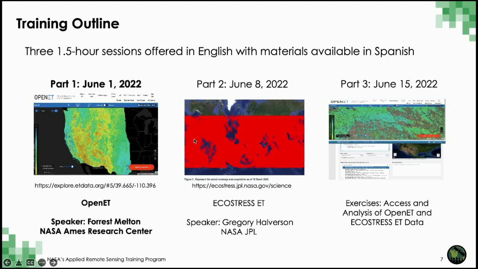The second session will be on June 8th, and that will focus on ECOSTRESS ET, and that information will be provided by Gregory Halverson from NASA JPL. The final session on June 15th will have exercises where we will have instructions on how to access and analyze OpenET and ECOSTRESS ET data products.